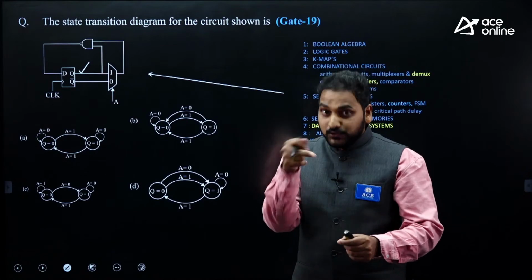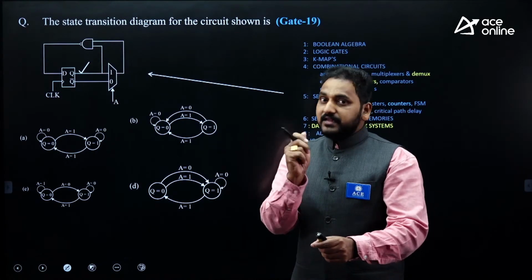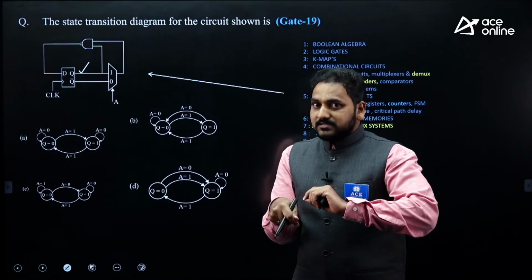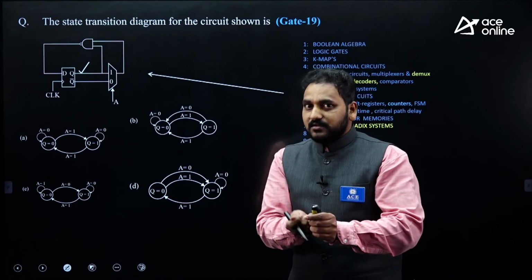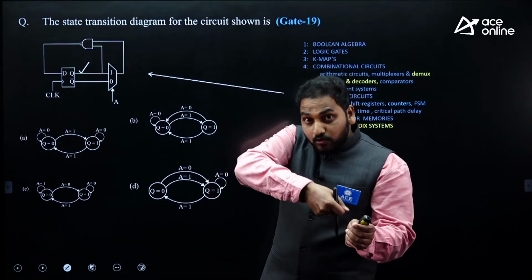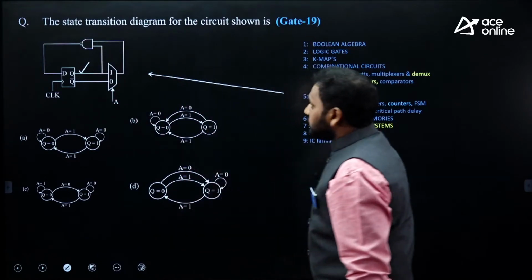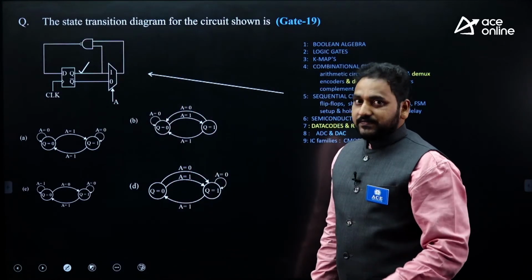That is the reason: if you read a question yourself, your mind will not sense any new point in it. But in class, when the faculty is reading the question, indirectly your mind can catch it, because the faculty know how to read it. Reading the question: the state transition diagram for the circuit shown. That is the first way.